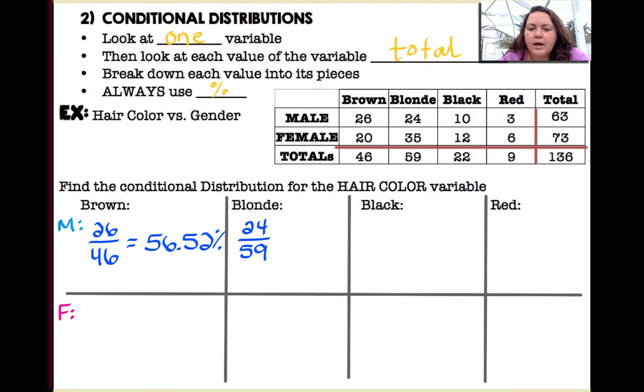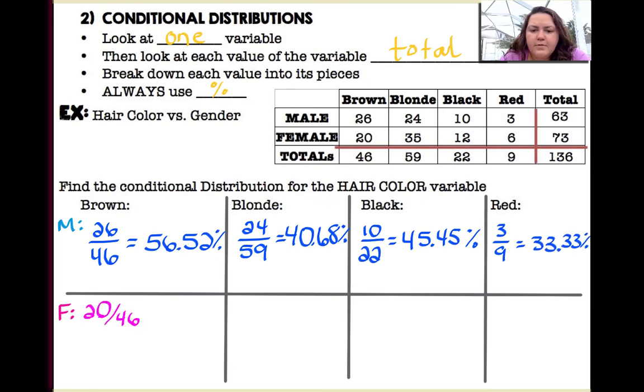For blonde, I have 24 males with blonde hair out of 59 total blondes. Black, I have 10 males with black hair out of 22 total people with black hair. In red, I have 3 males with red hair out of 9 total redheads.